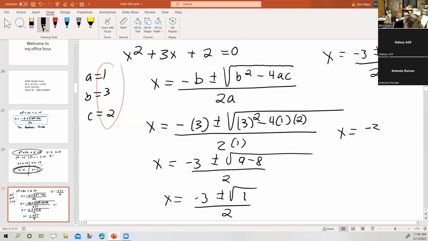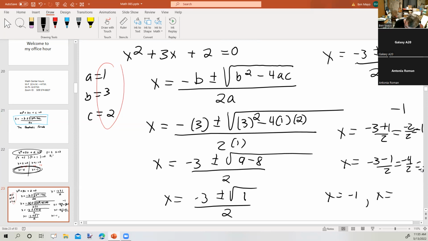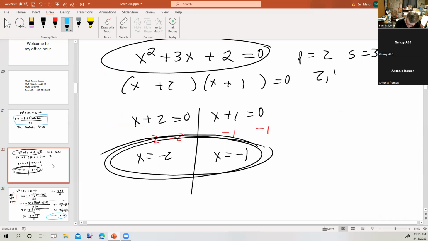So x equals negative 3 plus 1 over 2, negative 3 minus 1 over 2. Well, negative 3 plus 1 would be negative 2 over 2, which is negative 1. And negative 3 minus 1 over 2 is negative 4 over 2, which is negative 2. So x equals negative 1, x equals negative 2. Note, those are the same two solutions we got factoring.